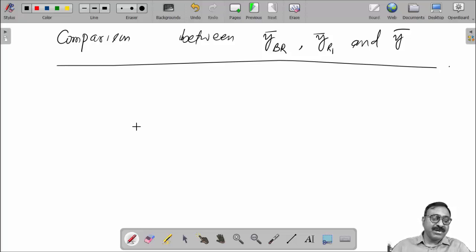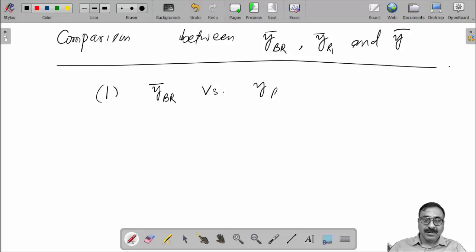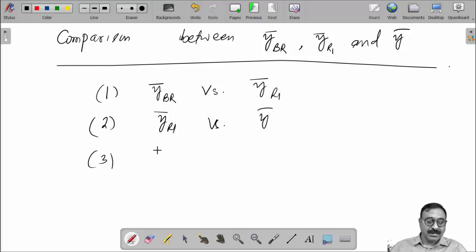So we shall compare the following three types of estimators. First, the ratio estimator using two auxiliary variables, the bivariate ratio estimator versus YR1 bar. Second, YR1 bar versus Y bar. Third, YBR bar versus Y bar.